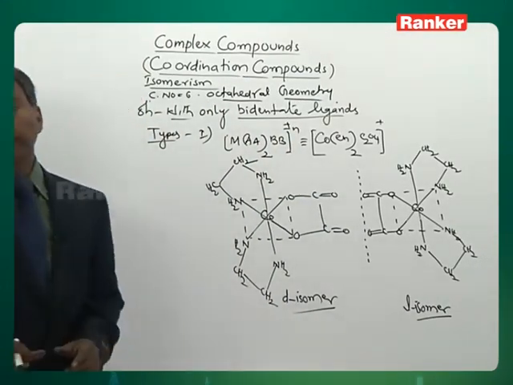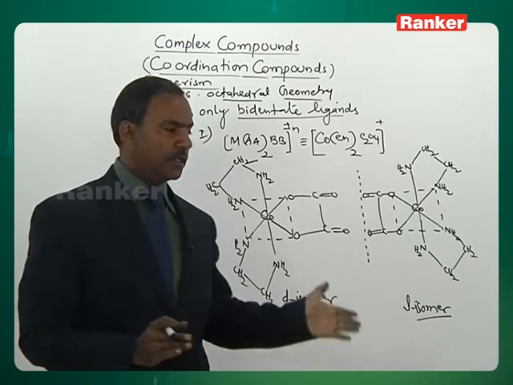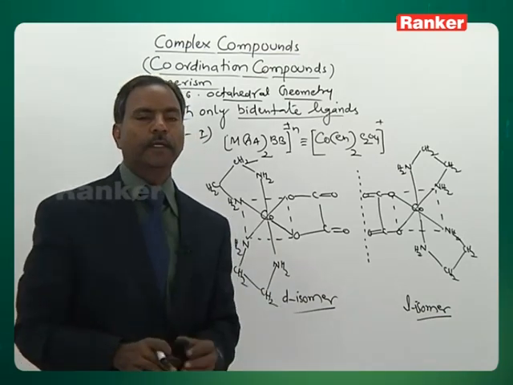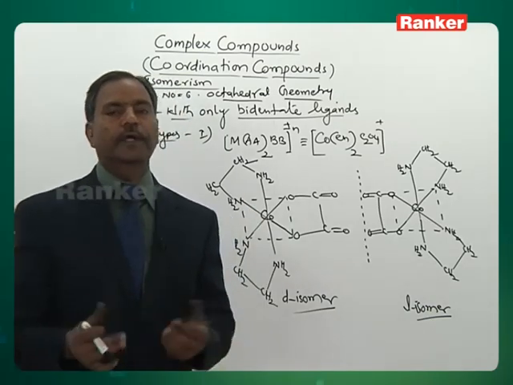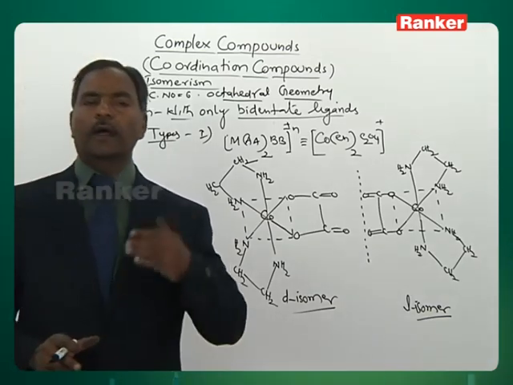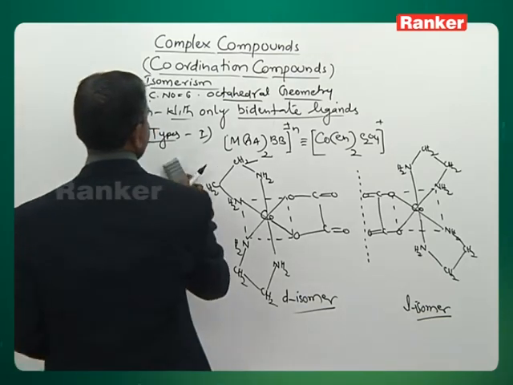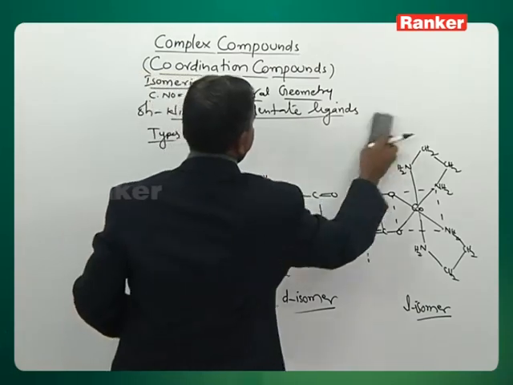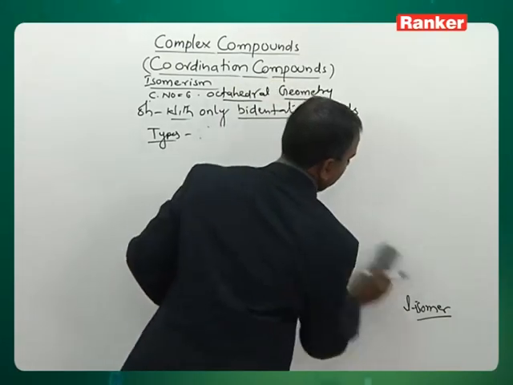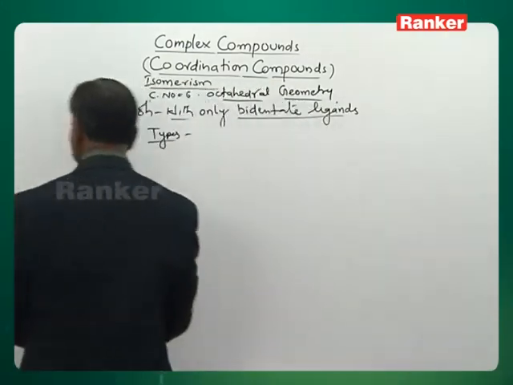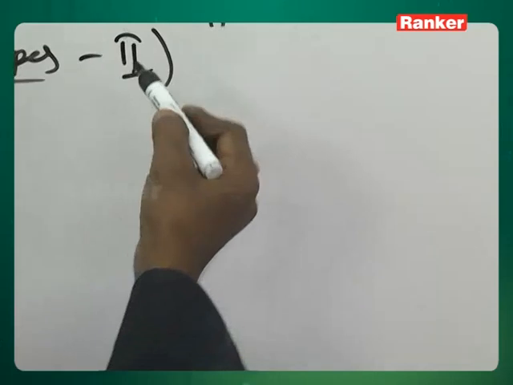All identical bidentates and two different bidentates, so all these complexes are found to be optically active. Next, octahedral geometry with the hexadentate ligand we take with EDTA. Octahedral geometry with hexadentate ligand is also found to be optically active. The next one, type 2, let us consider this as type 2, right?